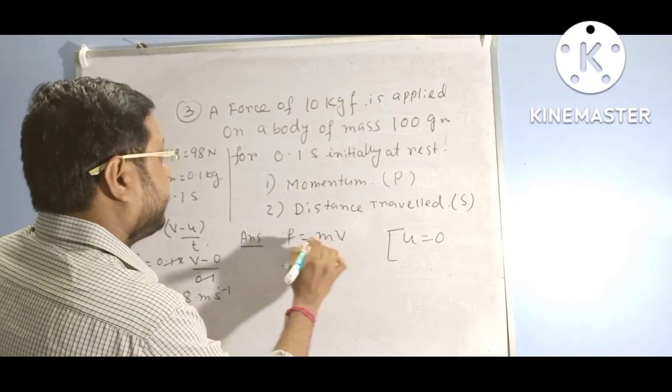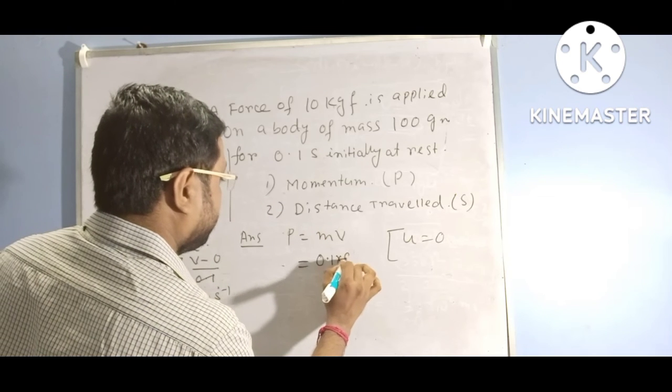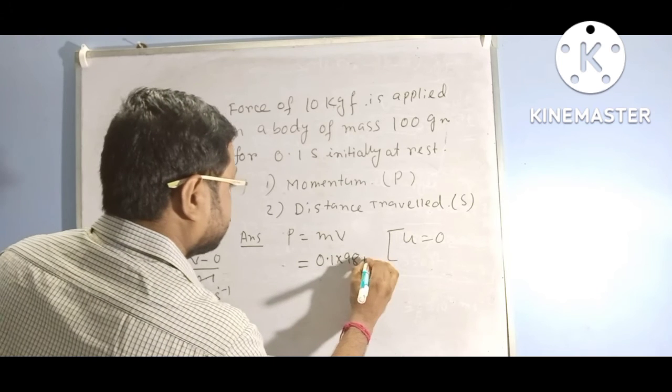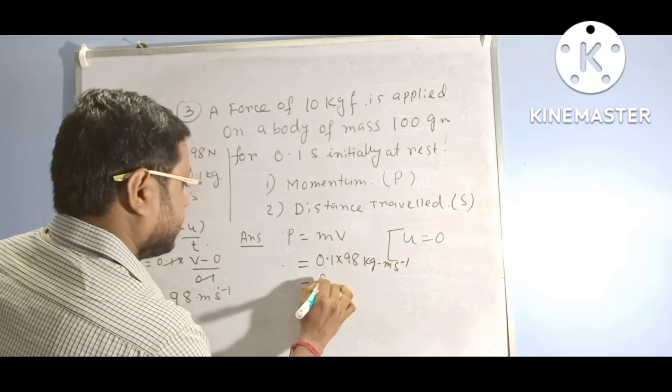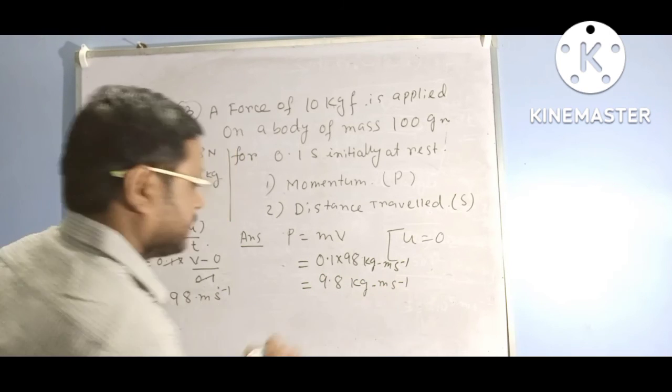Therefore, mv is 0.1 into 98, and the unit is kilogram meter per second, that is 9.8 kilogram meter per second.